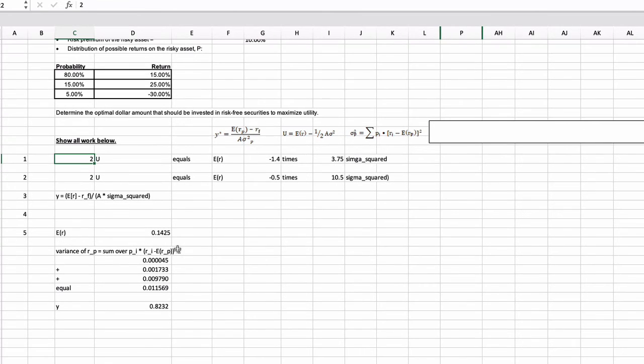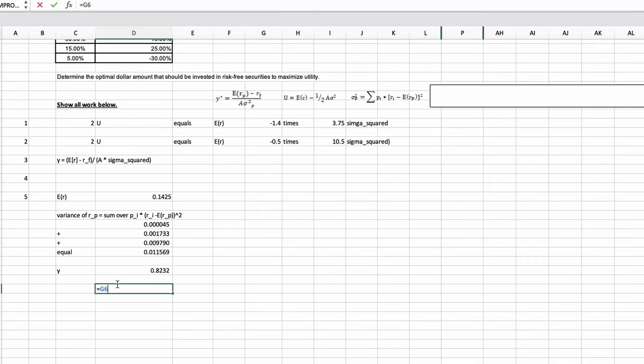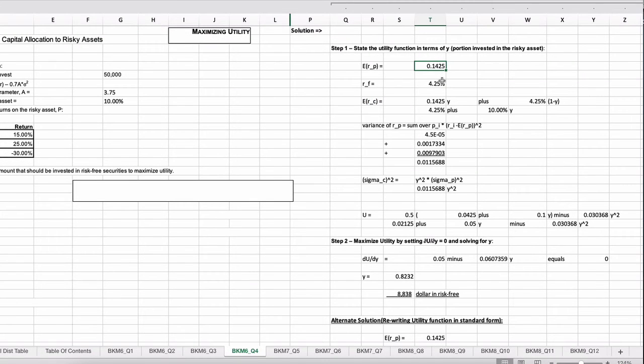The question is asking for the dollar amount invested in risk-free securities. The final answer is 50K total investment amount times 1 minus Y, which is 8,838. Now, let's go over Fox's solution.